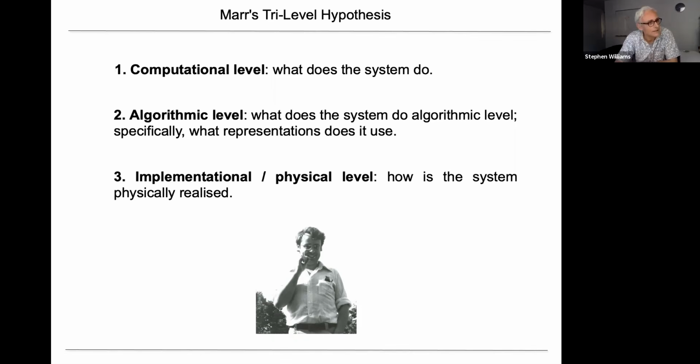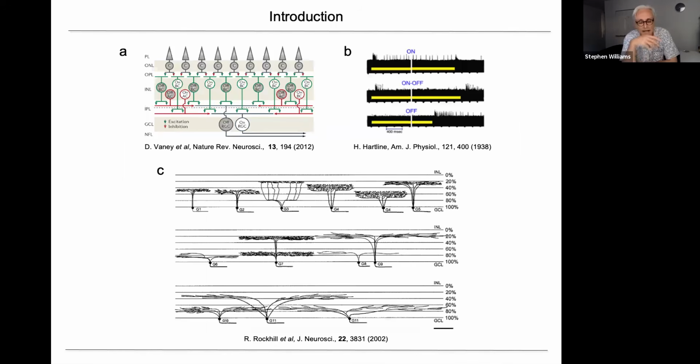And when Ben Sivyer joined our lab, he realized that the answer was right in front of our face, so to speak. It was the retina. The retina implements defined computations. We can define the light stimuli that we shine on the retina.